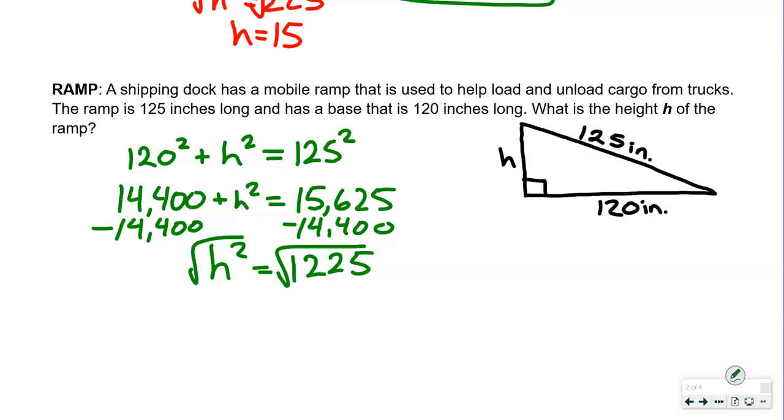In this case, it is. If it wasn't a perfect square, then I would say start with the largest of the perfect squares you know on that chart and work your way down from there, trying to divide in. But it does work, so h is 35. And since we're working with inches as our unit of measure, that's 35 inches.